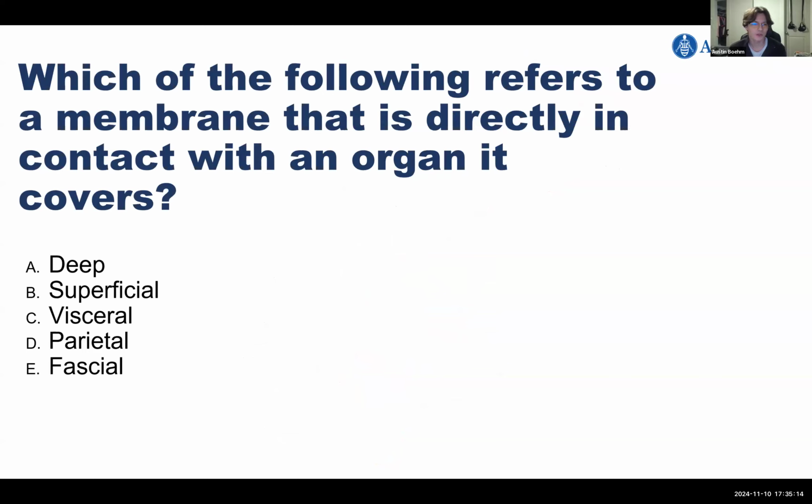The question is, which of the following refers to a membrane that is directly in contact with the organ that it's covering?